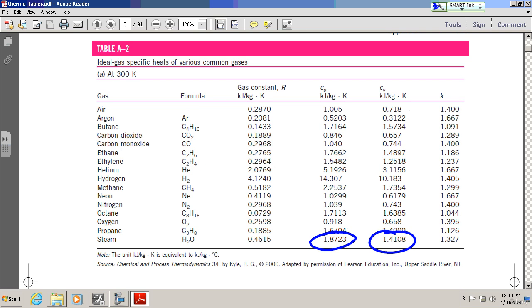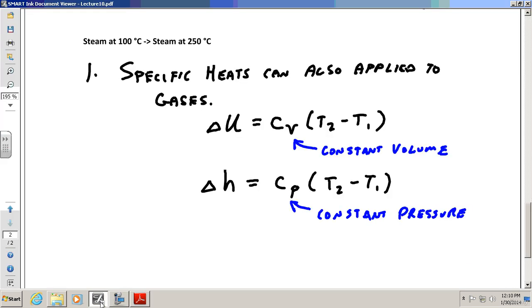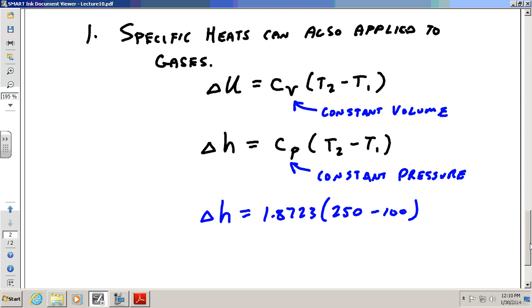Okay. But steam, by the way, is at 1.8723. So you can use the change in H of steam as 1.8723 times T2 minus T1, which in this case would be 250 minus 100. Okay. You can calculate that. But you can also just look it up in the tables, right? You can also just use tables.